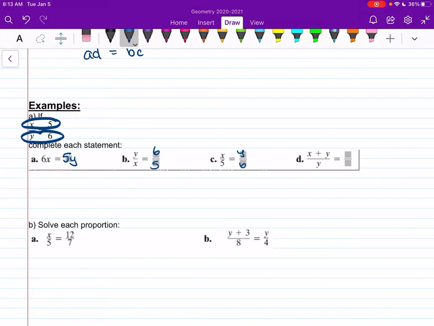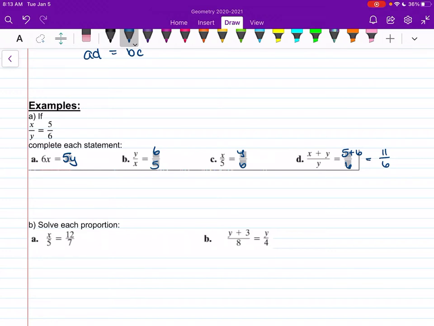Y over 6 and check. 5 and y are across from each other, x and 6 are across from each other. Great. And then my last property, I have numerator plus denominator over denominator, so I'm going to do the same thing. Numerator plus denominator over denominator, and I'd like you to simplify those answers, so I would get 11/6 there.